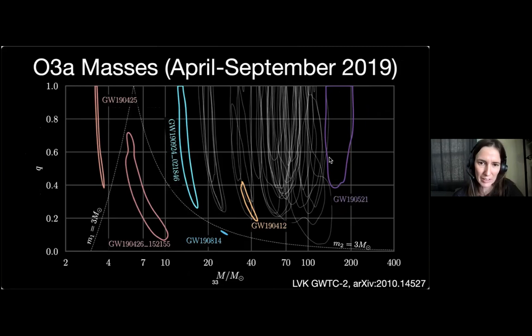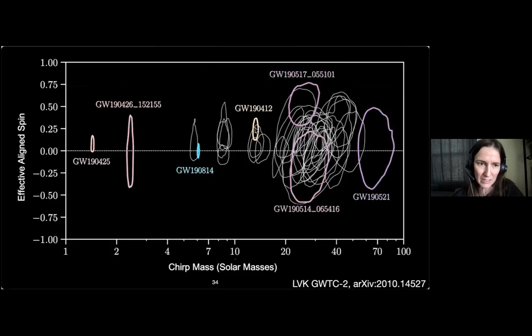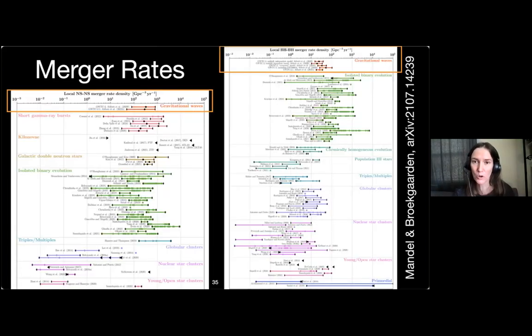We have interesting effective aligned spins for some of the binary black holes that we've seen. And we also get from the catalog as a whole things that may be interesting to observers, like the merger rates of systems inferred from their observation in gravitational waves.